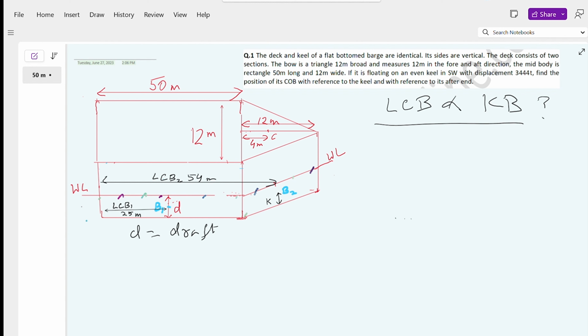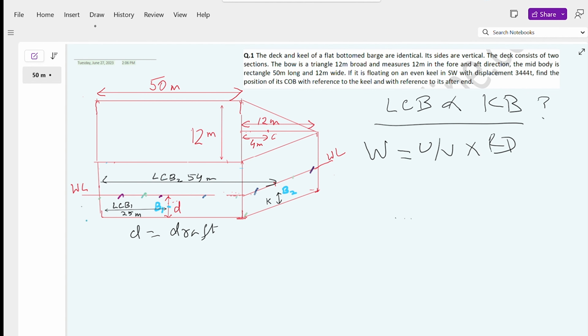First of all, what is given, we make use of those figures. Displacement is given. W is the displacement, and we know that it is underwater volume into RD of the seawater, which is salt water in this case.